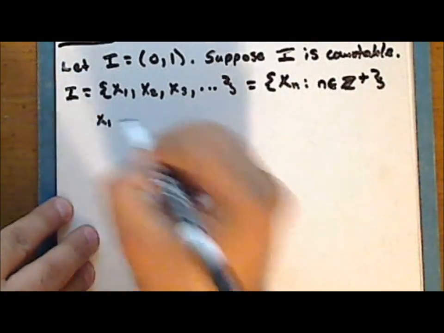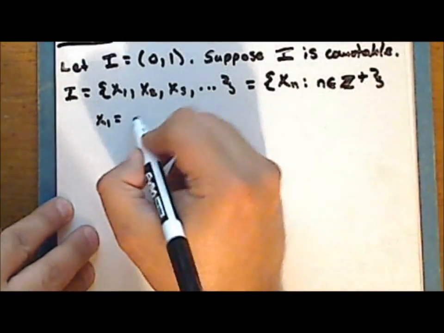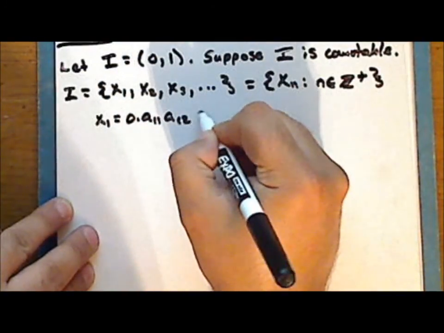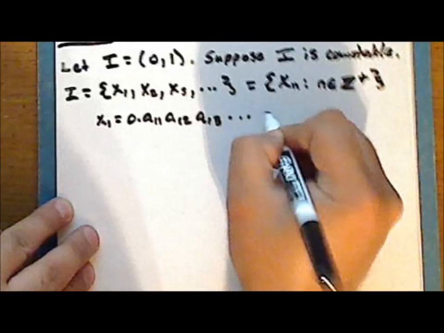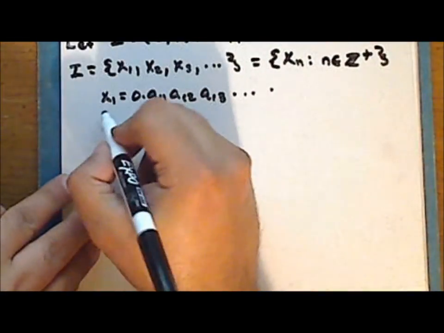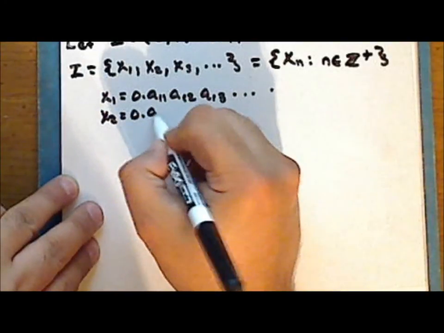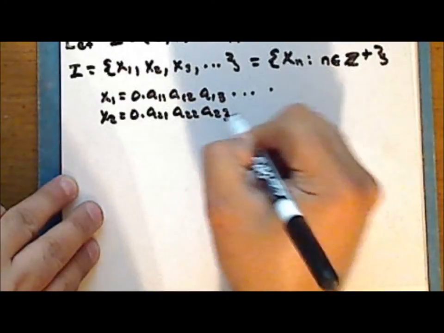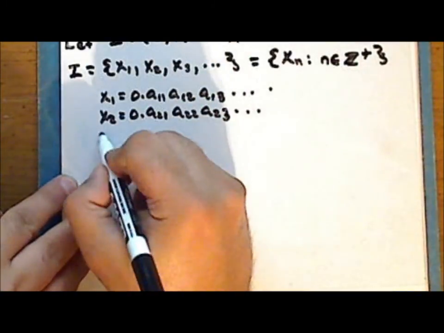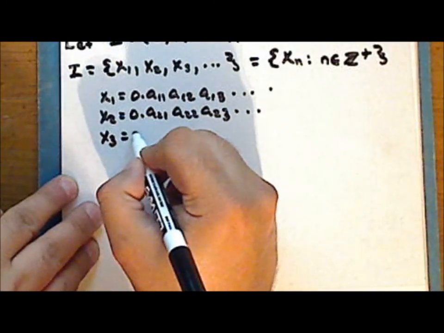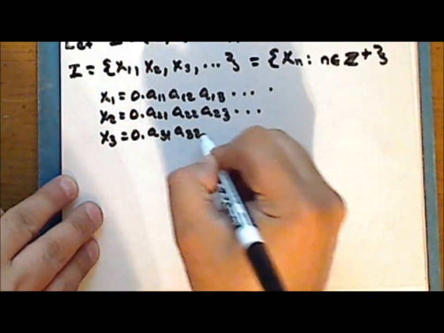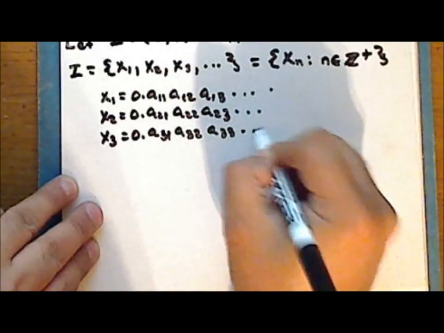So for instance, the first element in the sequence is the number 0.A11, A12, A13, and so on. The second element is the number 0.A21, A22, A23, and so on. The third element is the number 0.A31, A32, A33, and so on.